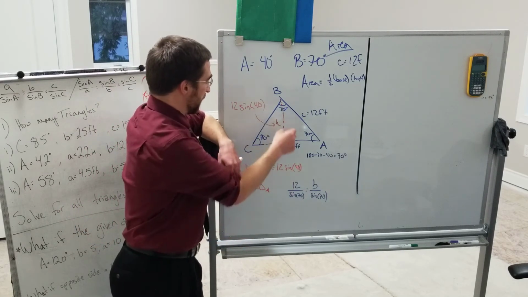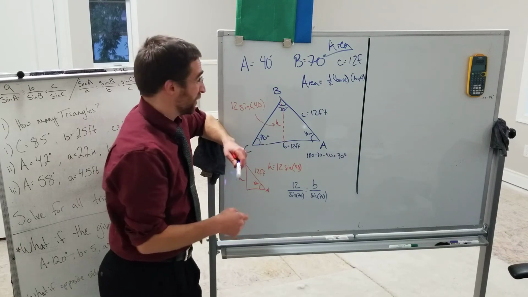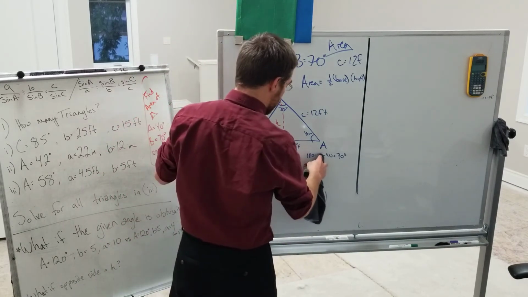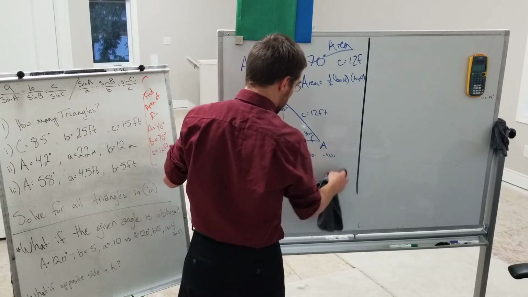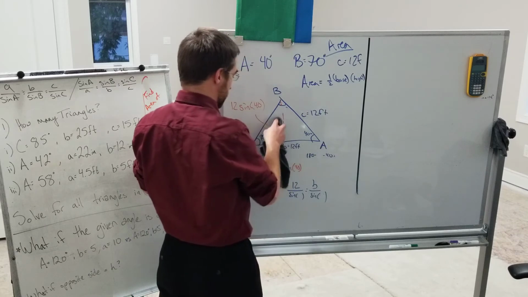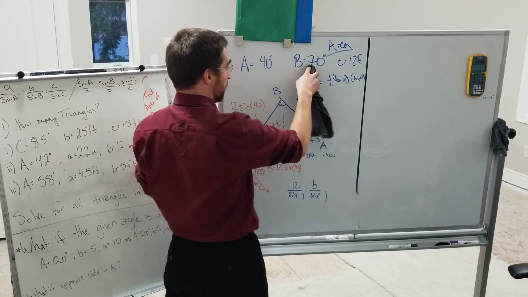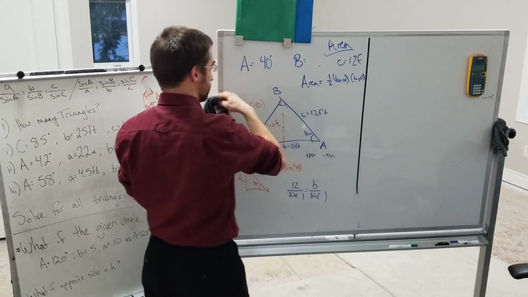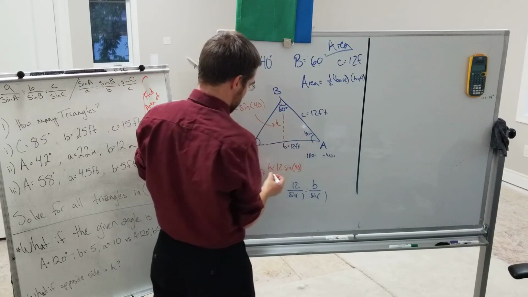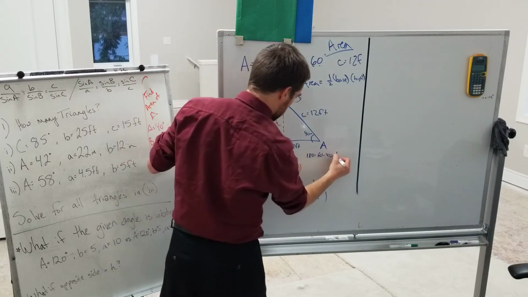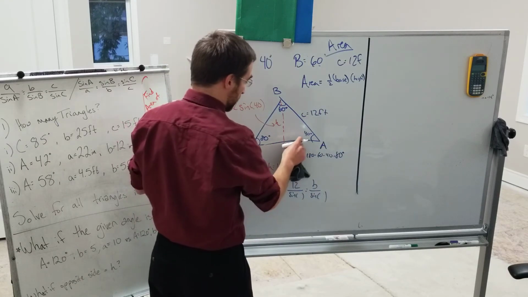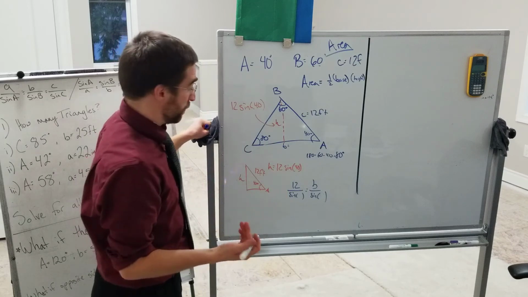If this was a different angle, let's do it with a different angle. I'm just going to change it. Sorry to do a switcheroo on you here. Let's make this 60 degrees. That makes this 80 degrees. That makes this not 12 feet. It makes this whole thing a better problem.